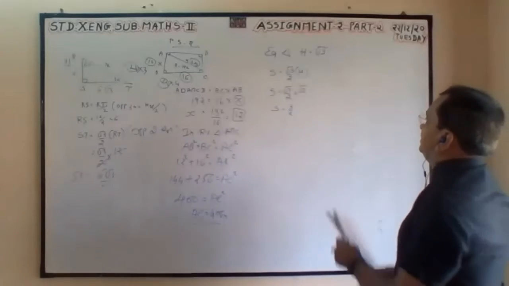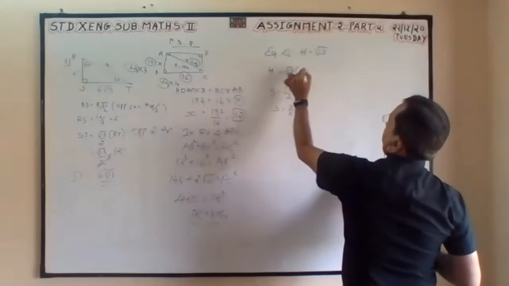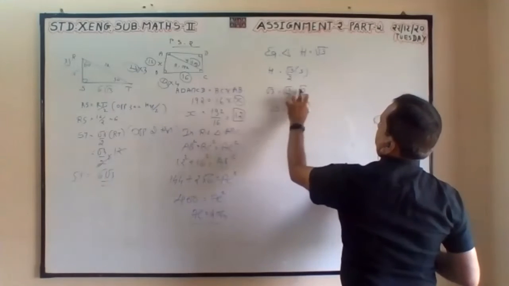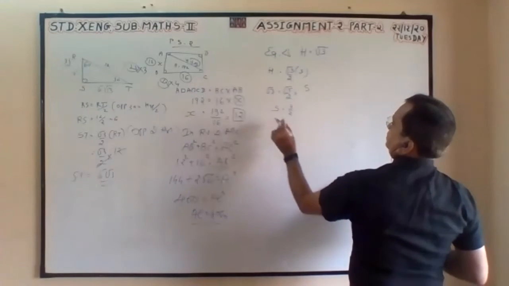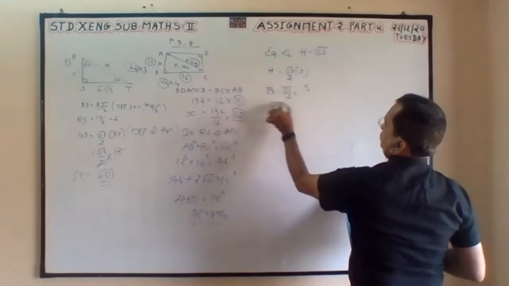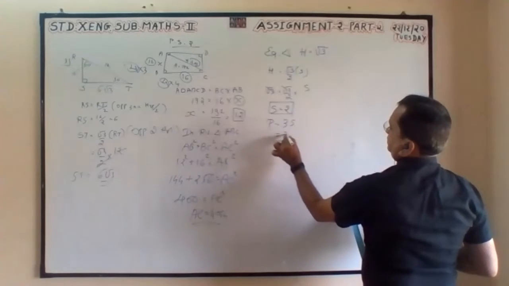Extremely sorry, my formula is wrong. So root 3 cancels. So side S is equal to 3. Perimeter is equal to 3 into side.